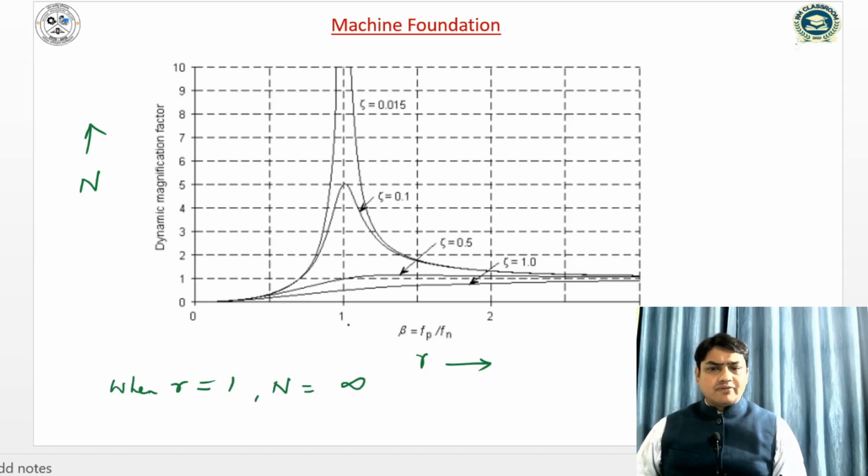When the frequency ratio is less than 1, we can use this value of magnification factor, and when r is greater than 1, we can use this value with different values of damping ratio. What is damping ratio? I will discuss it in the next slide. Damping ratio is the ratio of actual damping to the critical damping.